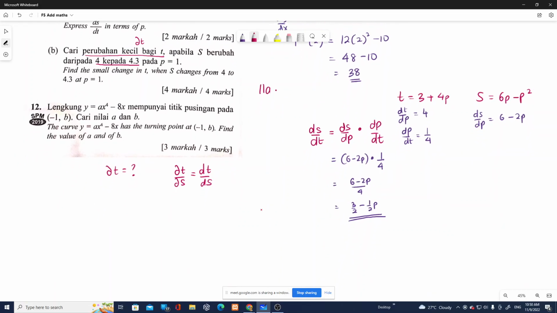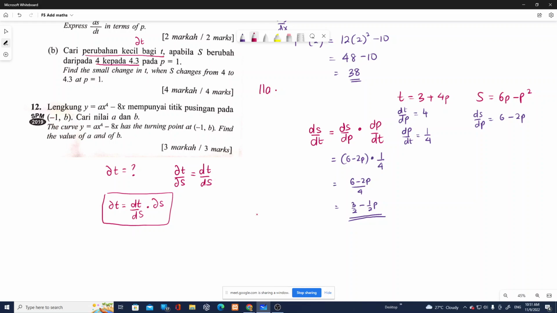So delta t perubahan kecil bersamaan dengan dt per ds darab delta s. Faham? So ini kita punya rumus yang kita nak guna.